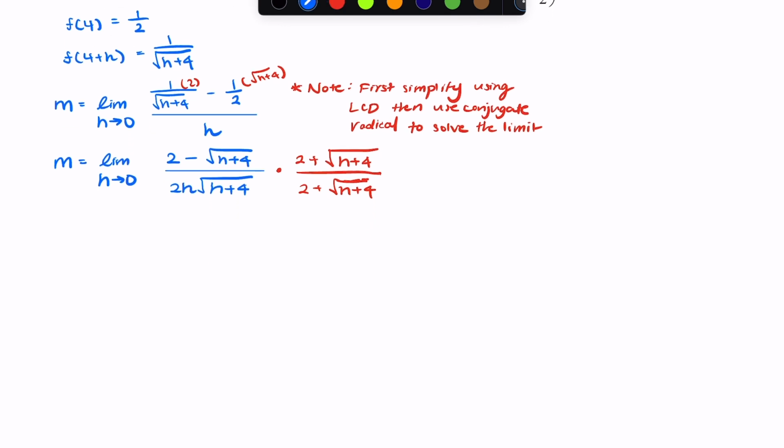So here we have the limit as h approaches 0, and we'll be left with 4 minus h plus 4 over 2h square root h plus 4 multiplied by 2 plus square root h plus 4.